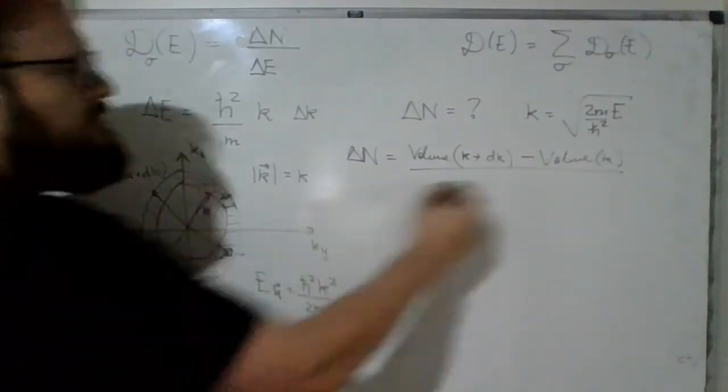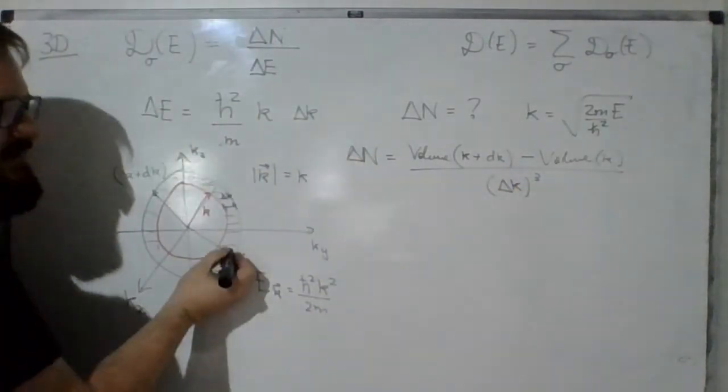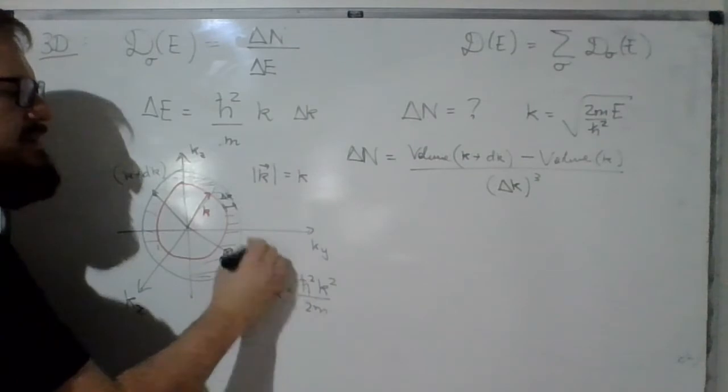For a small cube, I have a delta k cubed. In the k space, this is the volume of this cube.